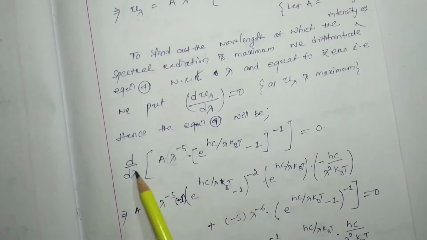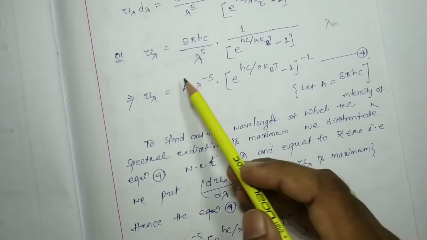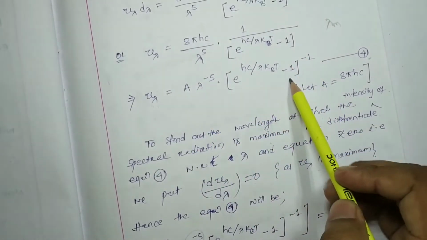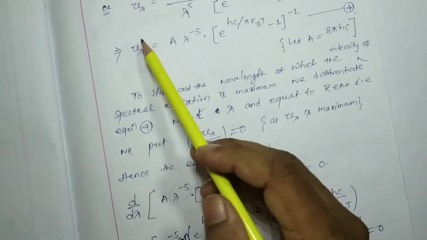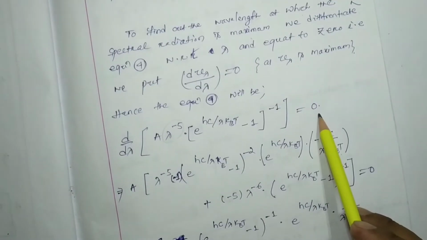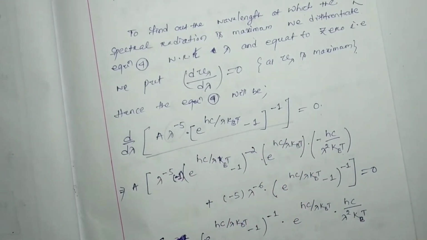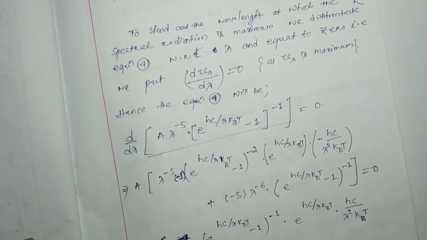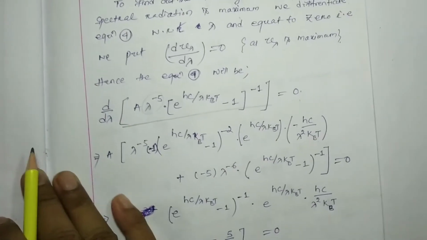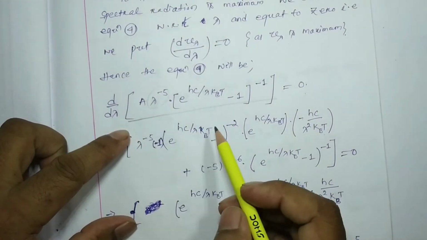Hence equation number 4 can be written with the derivative with respect to lambda, du lambda by d lambda equal to 0. Now carefully differentiate this one. Here I am doing it, you have to watch carefully, and also you have to write it in your notes carefully.